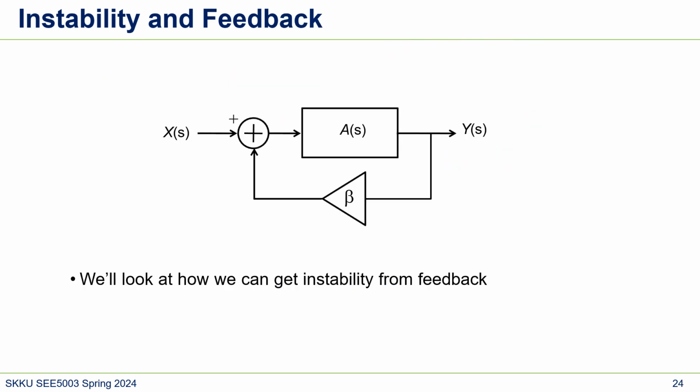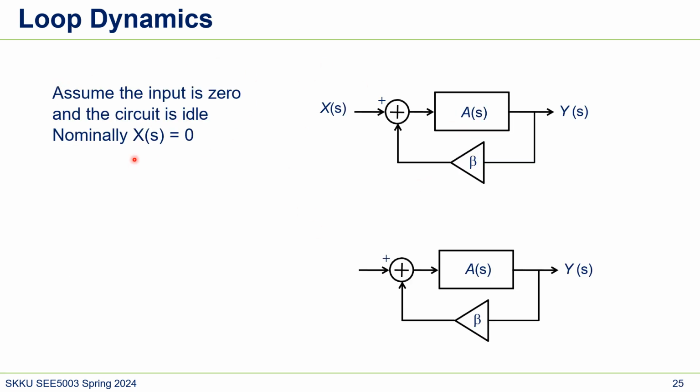We can explain instability using this diagram. So we'll look at how we can get instability from this feedback system. First, assume the input is 0 and the circuit is at the idle state, like X_S is 0. But assume that we just got some perturbation in the input.